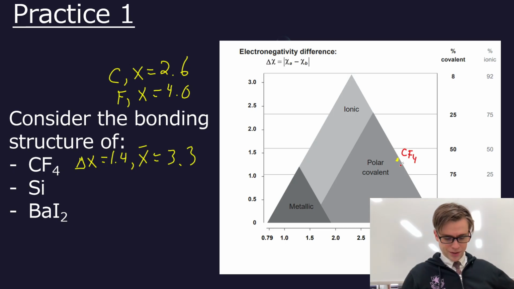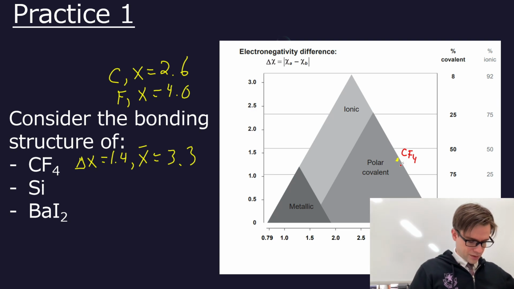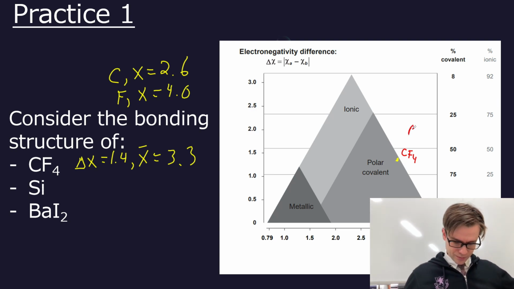So that tells us that we're dealing with polar covalent. It is not a perfectly shared bond in terms of the electrons and electron density. Fluorine takes more, but these things have such high average electronegativity that they're going to be covalent bonding much more rather than any kind of metallic bonding. Okay, so that's polar covalent.